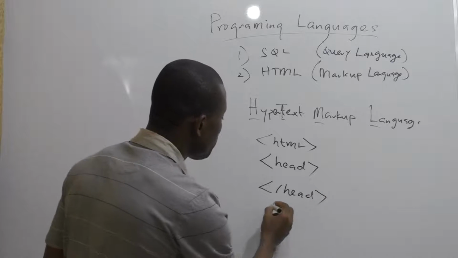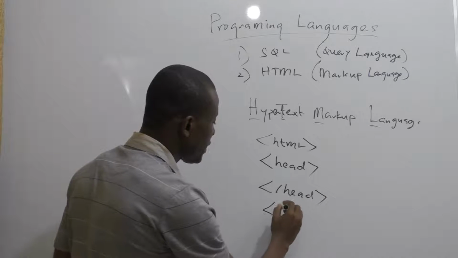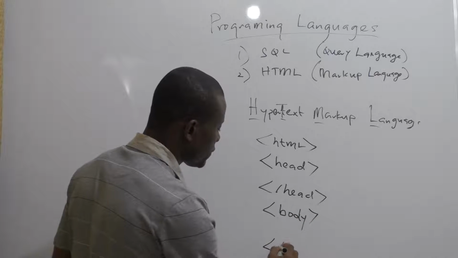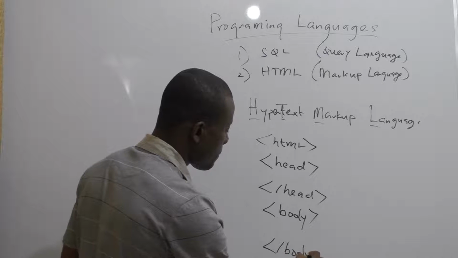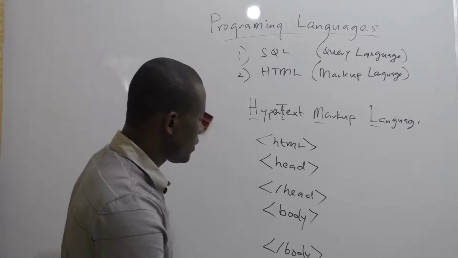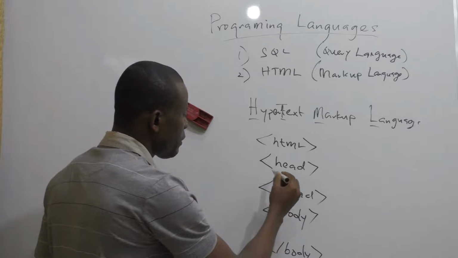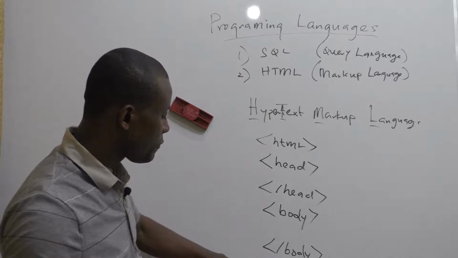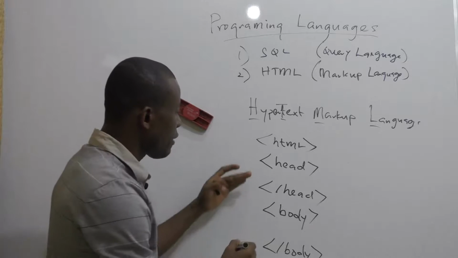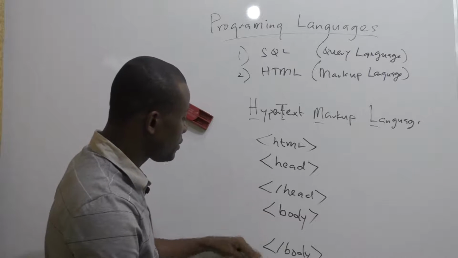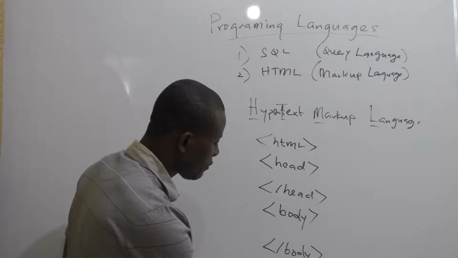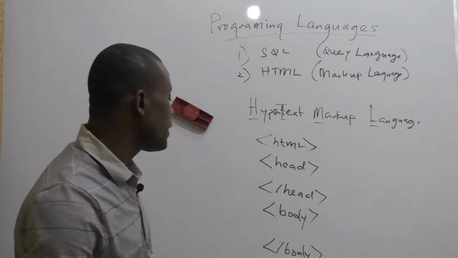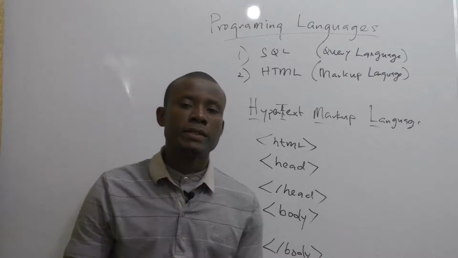And the next one is the body tag, and you have /body. Okay? And then remember the tags come in pairs. So if you have HTML, you must have /HTML at the end. You have head, /head, body, /body. So we now have /HTML. So that makes it a complete HTML page.